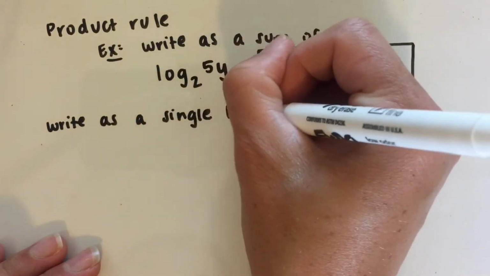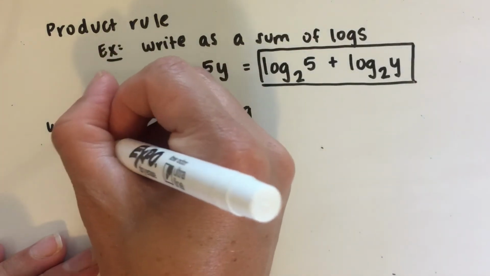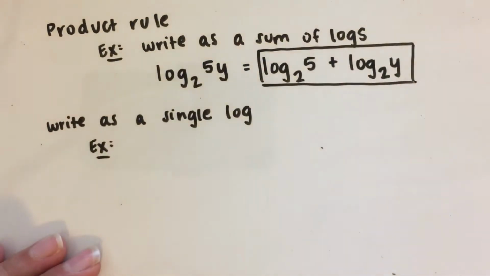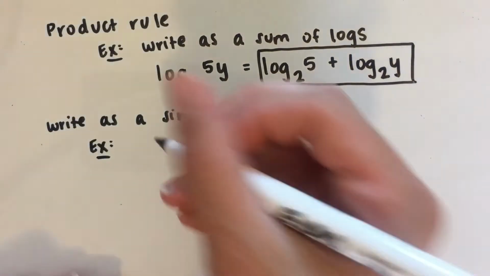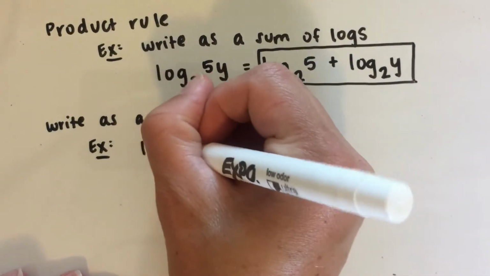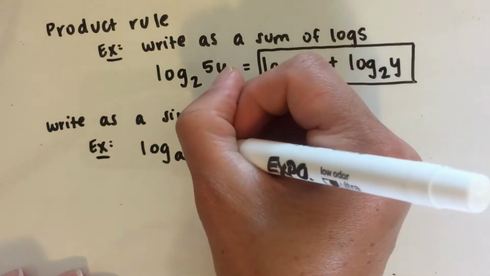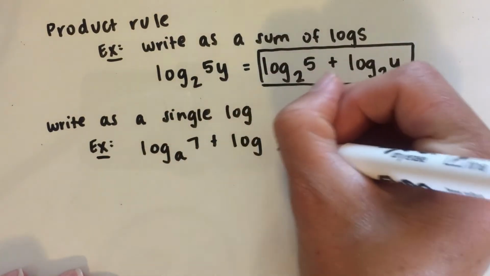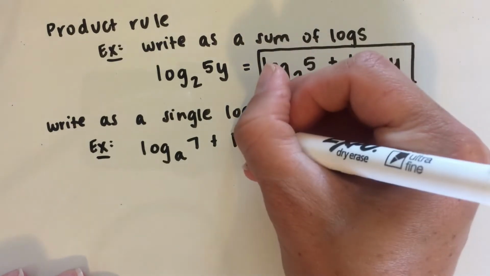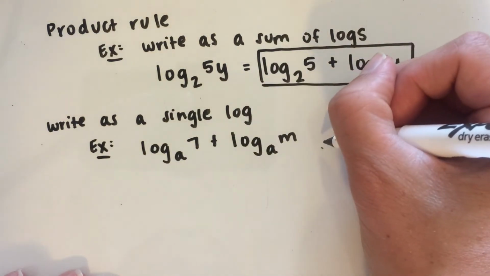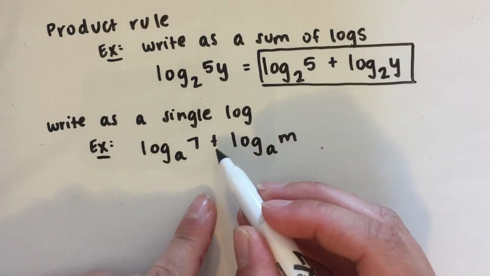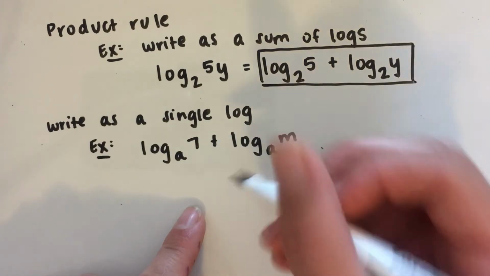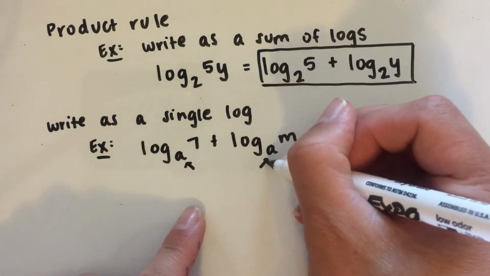And now we want to write as a single logarithm. So in this example, we start off with log base a of 7 plus log base a of m, and here we can see they have the same base, which is a.